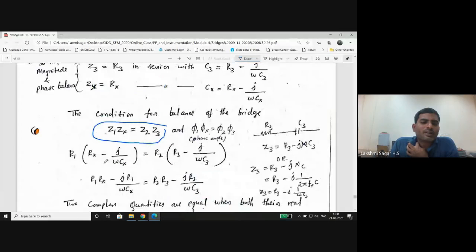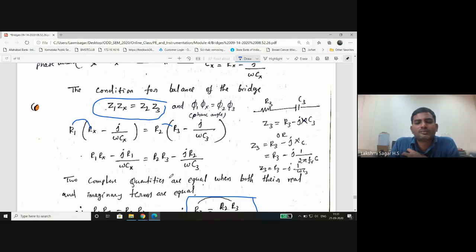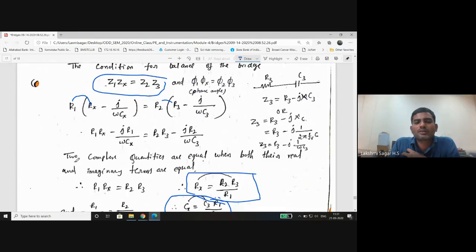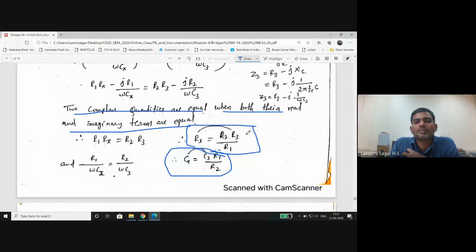Then Zx we can write as Rx minus j by omega Cx, and Z3 as R3 minus j by omega C3. Then do the multiplication with each term. You will get R2 R3 minus j R2 by omega C3, and similarly on the left hand side R1 Rx minus j R1 by omega Cx. Two complex quantities are equal when both the real and imaginary terms are equal, so separate out real and imaginary terms.